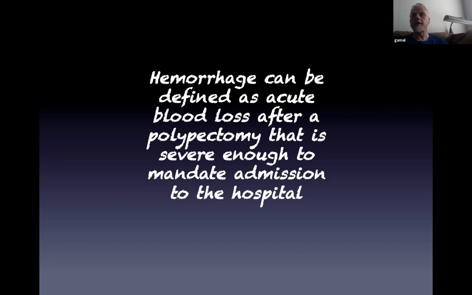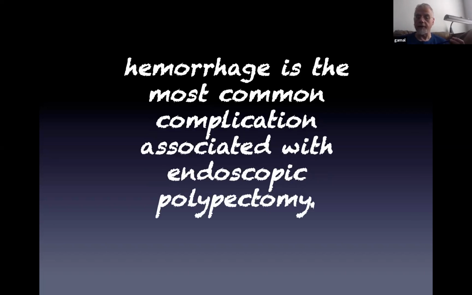This is defined as bleeding that resulted in hospital admission, with or without blood transfusion. If the patient bled enough after colonoscopy to require a hospital admission, this goes in a database as a complication, hemorrhage or bleeding after colonoscopy.